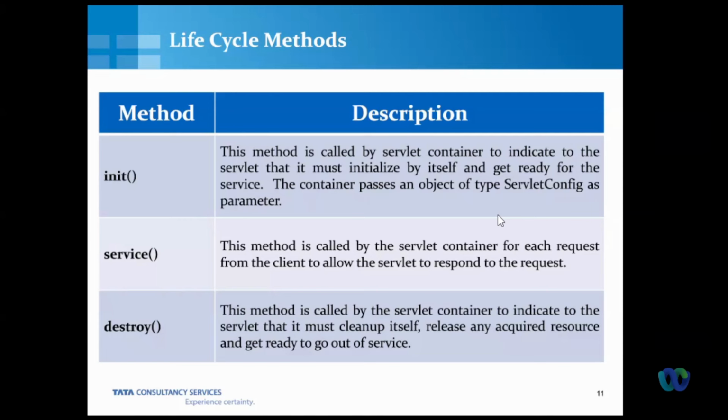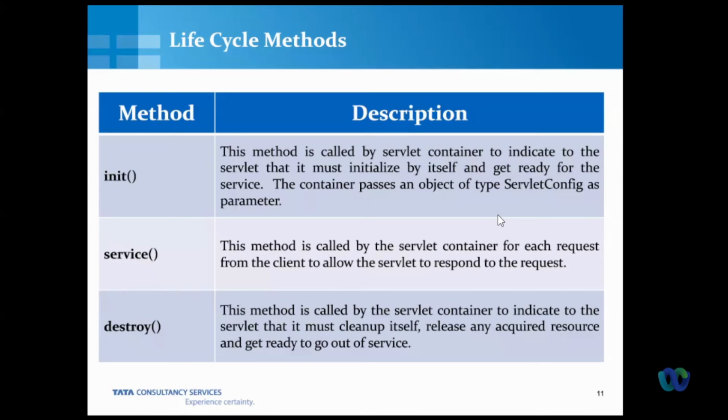Now, whenever the init method is invoked, what is the next step? It means it should provide the service method, right? Now what does the service method do? This method is called by the servlet container for each request from the client to allow the servlet to respond to the request, right?